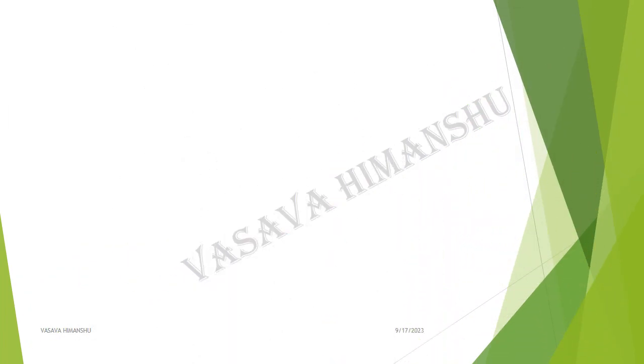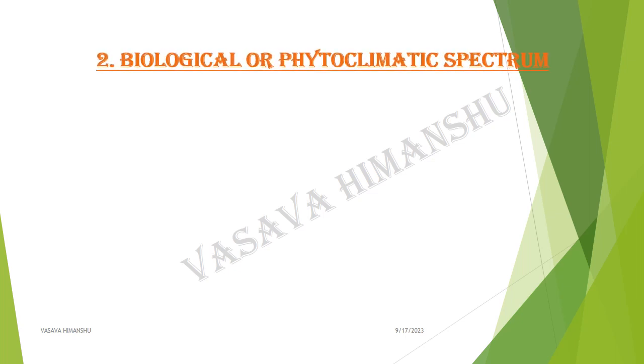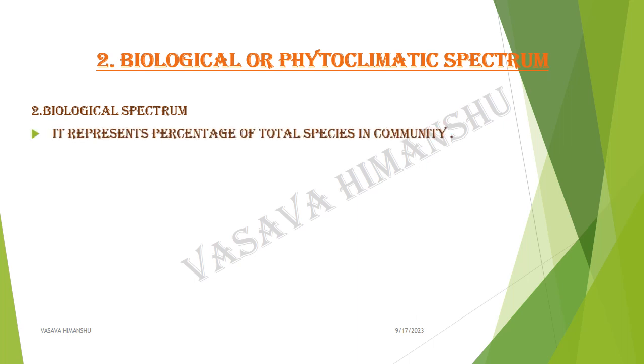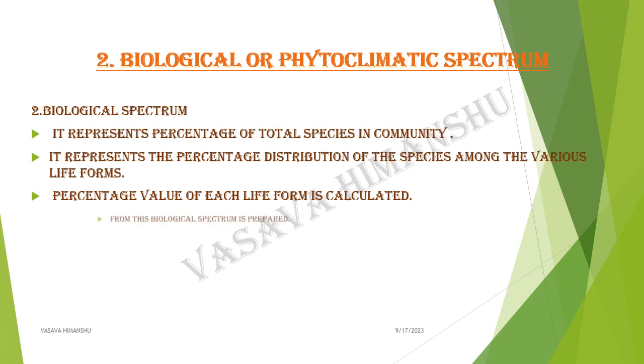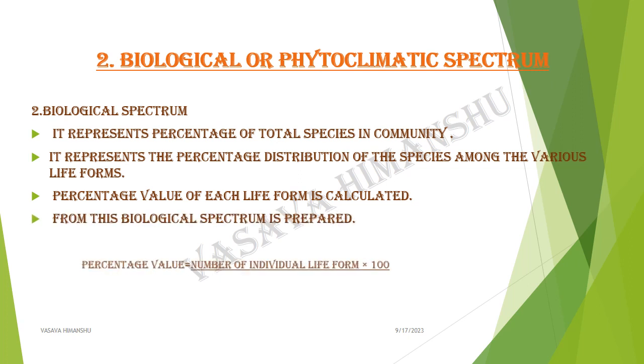Next one is the biological or phytoclimatic spectrum. The biological spectrum represents the percentage distribution of the total species in the community among the various life forms. The percentage value of each life form is calculated, and from this the biological spectrum is prepared.